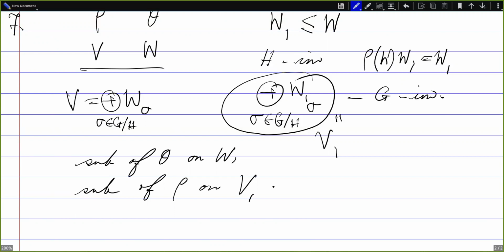Then we consider all translates of W1 and take their sum. That sum happens to be direct, and from construction that sum becomes a G invariant subspace. Therefore, the subrepresentation of rho on this subspace is induced by the subrepresentation of theta on W1. I just explained what happens and why. The detailed verifications and manipulations I leave to you.